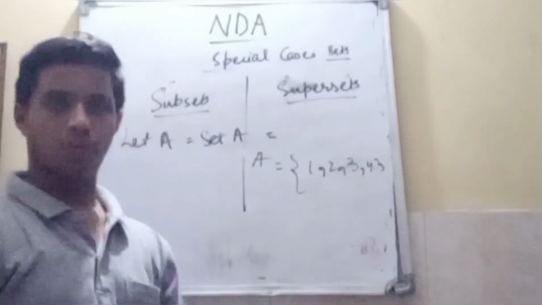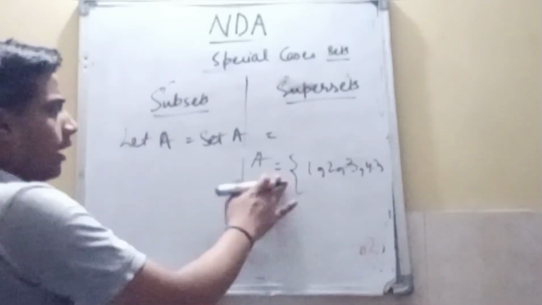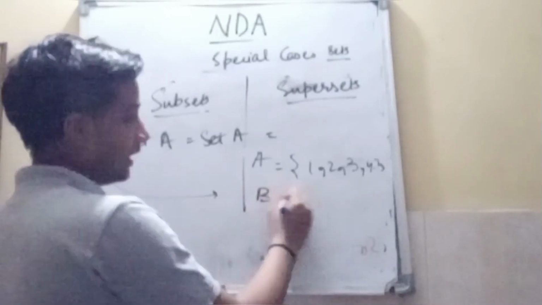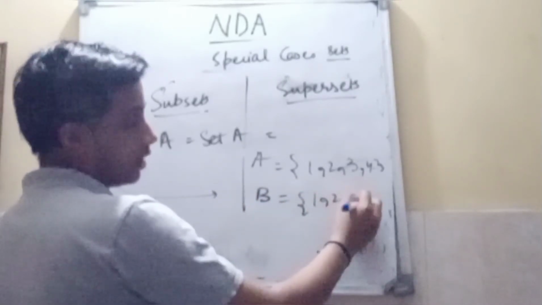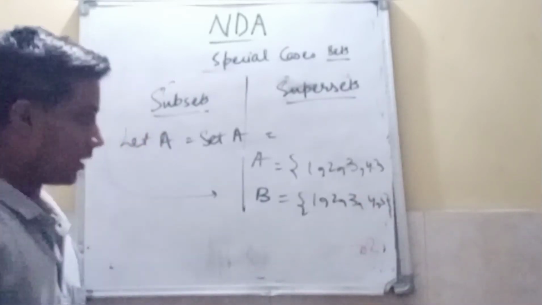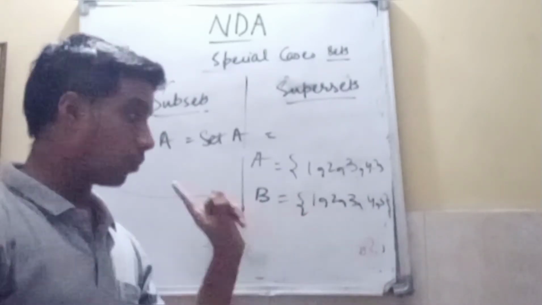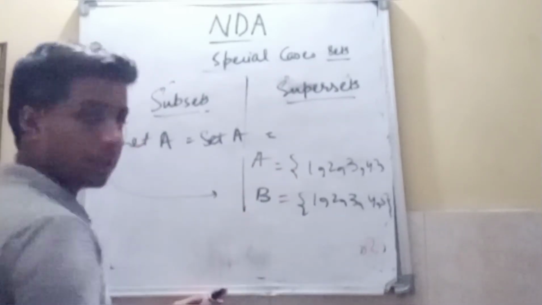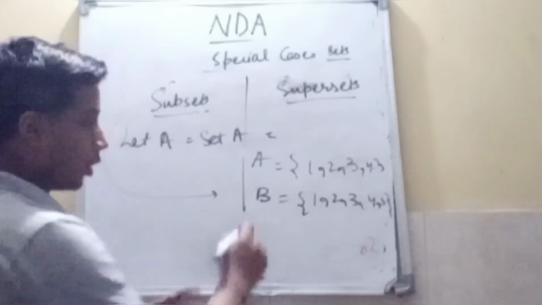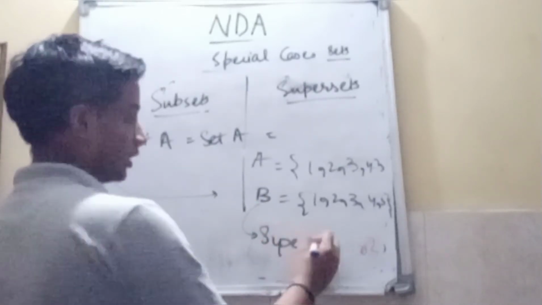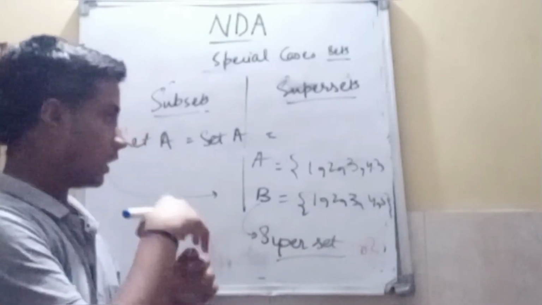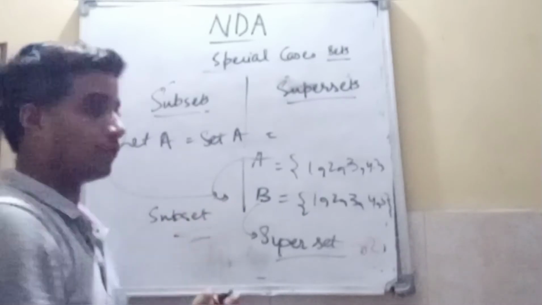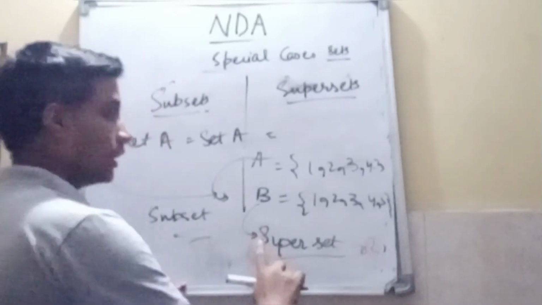Now we have another set B which has 1, 2, 3, 4, 5. B has one more element than A, so it is more superior to A. It has one more number than A, so B is known as a superset. B is a superset for this A, and A is a subset. It is not a superset for every set, but it is a superset for this A.